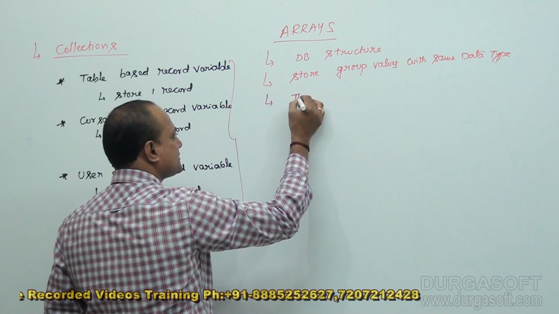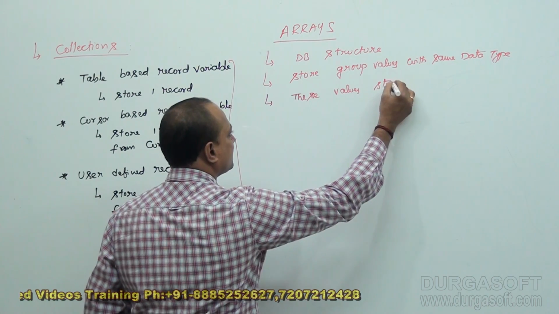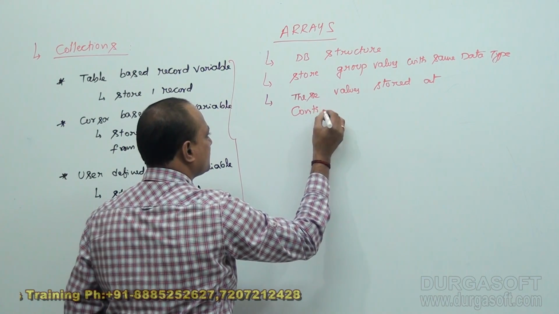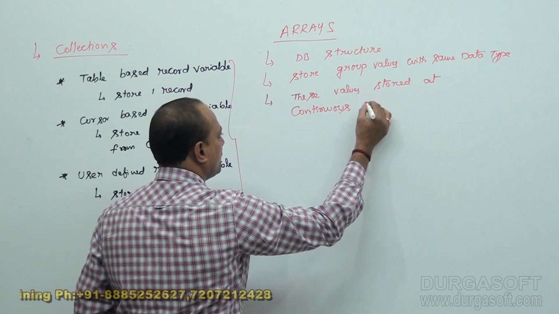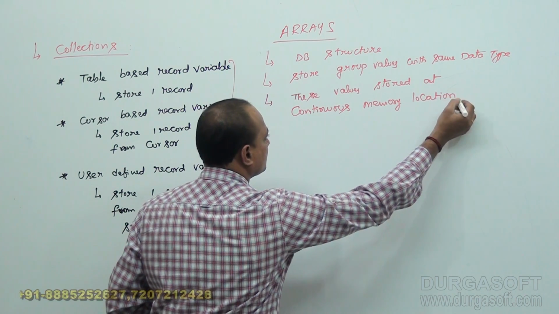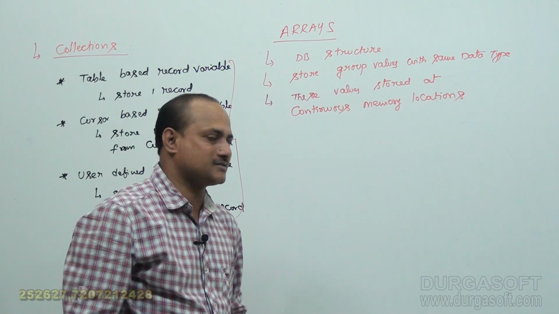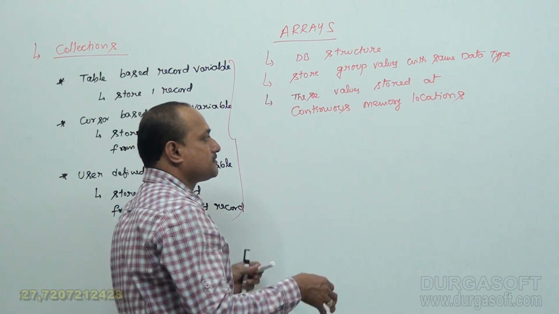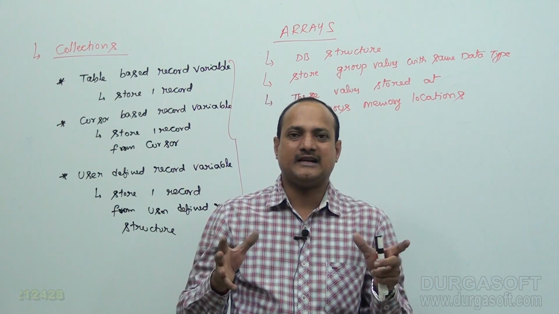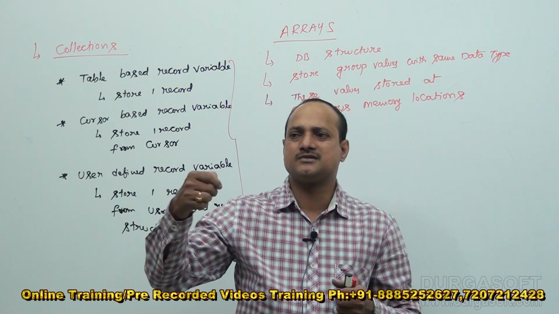Remember, these values are stored at continuous memory locations. What is the advantage of storing in continuous memory locations? Suppose you have a room, just like a memory space, with some items in the room.